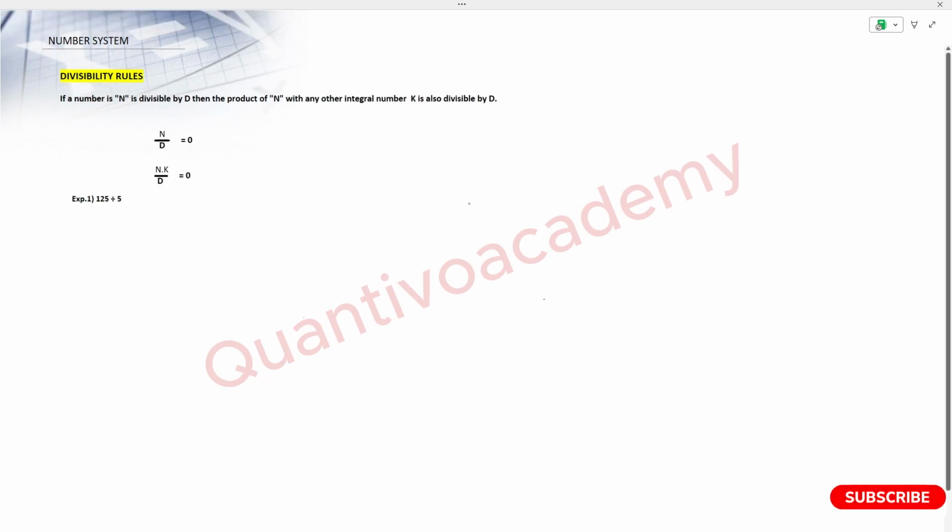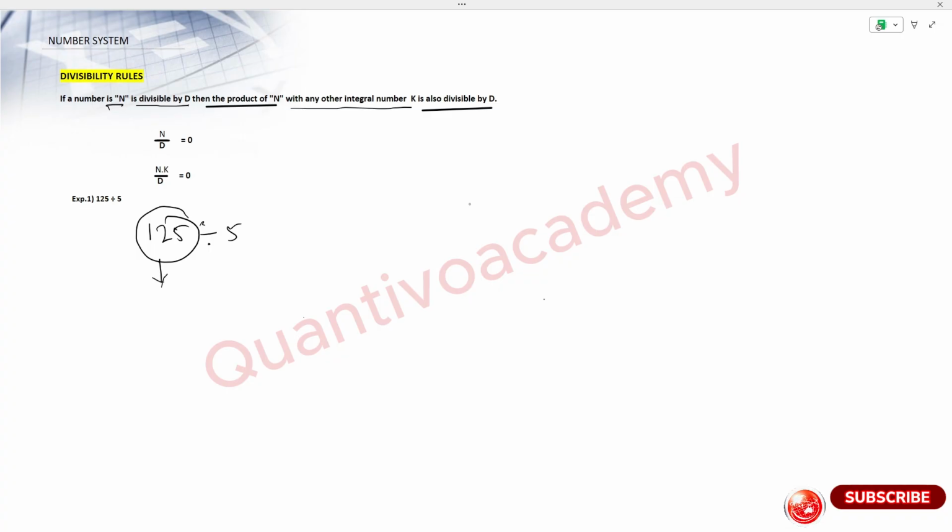Now let's continue with the divisibility rules. If a number n is divisible by d, then the product of n with any other integral number k is also divisible by d. Let's understand this with an example: divide 125 by 5. Let us assume 125 as n and 5 as d.